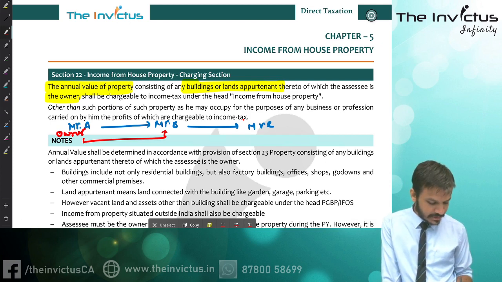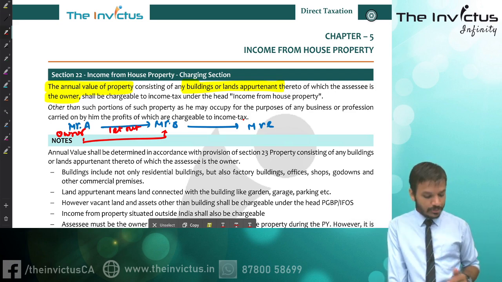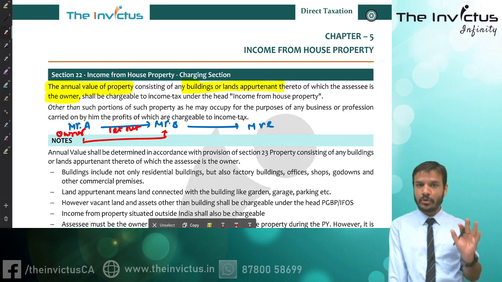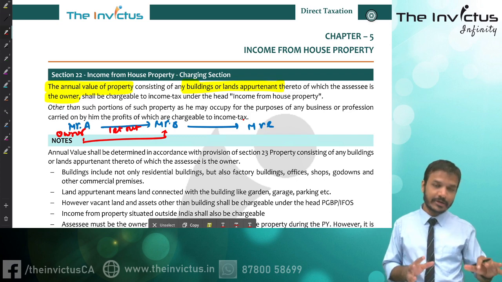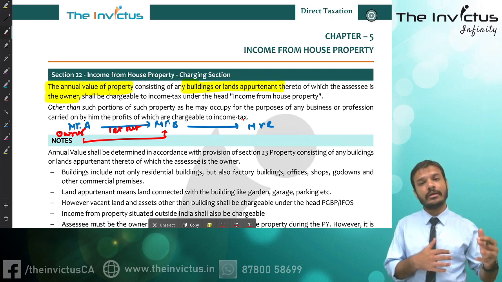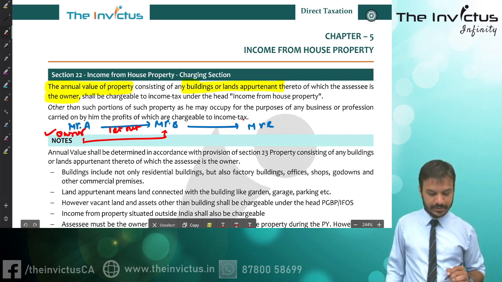Mr. B has let out this property and Mr. A is receiving rent from Mr. B. So Mr. A is owner as of now, and whatever rental income he is receiving will be taxable under the head IFHP, because the condition is satisfied, he is the owner.